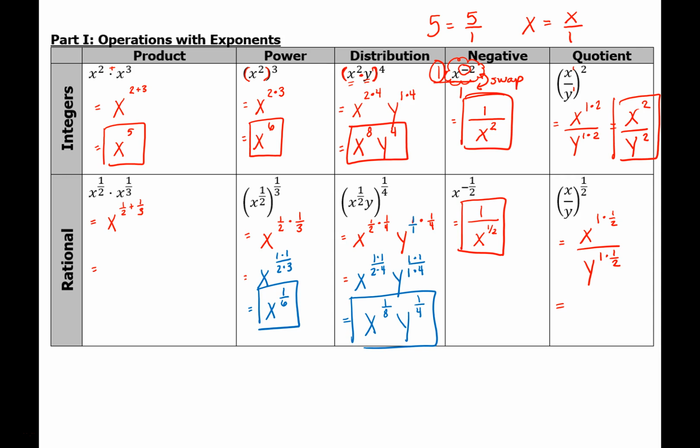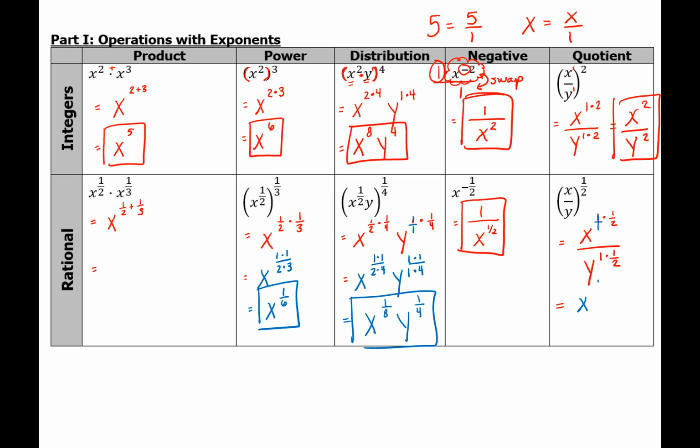Okay, the last one that we can do right now just with multiplication is the quotient rule, because I have these numbers in the exponent that need to be multiplied, and I have some in the denominator's exponent as well. So I'm going to have x to the 1 over 1, right, because that's 1 over 1, times 1/2.